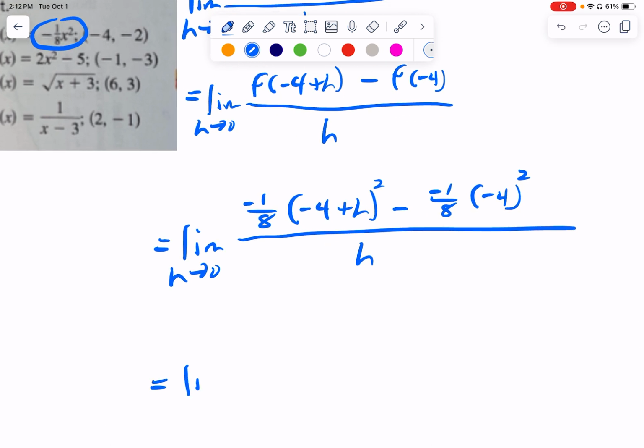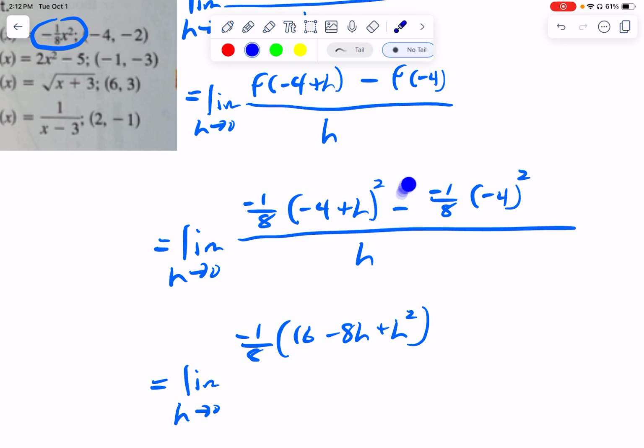And we'll just do a bunch of simplification in algebra. If I FOIL out this part, I get 16 minus 8h plus h squared. Here I will notice these negatives cancel. -4 squared is 16. 16 over 8 is 2, so we have a plus 2 over here.